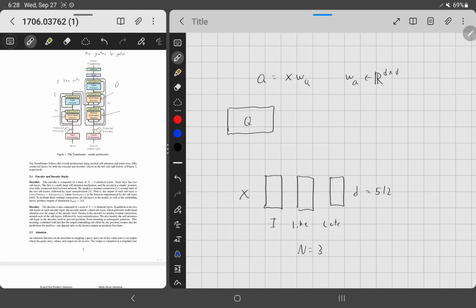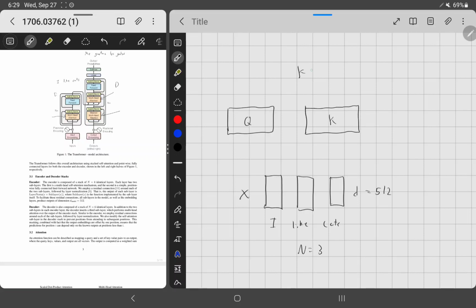D by d matrix. So basically for each vector, you're just transforming it. This doesn't do any relationships between the vectors. This is just transforming the word I into something, the word like into something, and the word cats into something. So that's just WQ. Then you do the same for the keys.